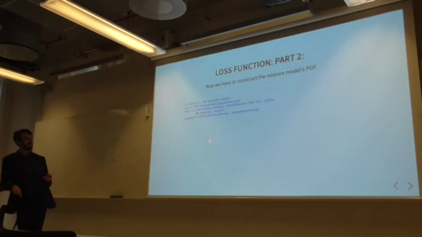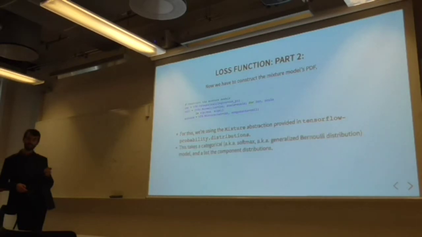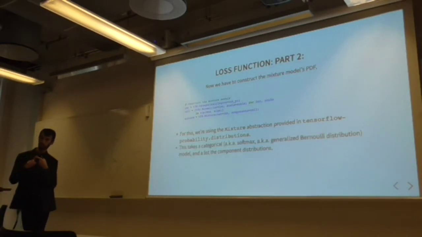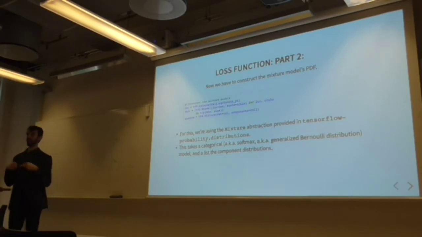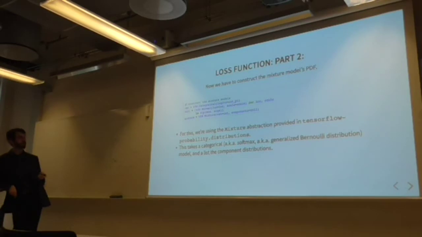Next part, I have to construct my mixture model. Now in TensorFlow, there's a library called TensorFlow Probability, and in fact a sub-library called TensorFlow Probability Distributions, and I can get out of that library a mixture model, which is great. And the mixture model is made of 2 things. It's made of the categorical model that I talked to you about before, and a list of the components, so one probability model for each of those components.